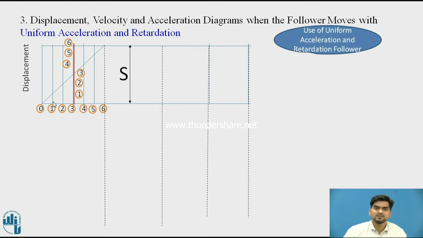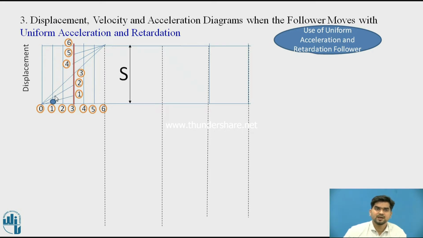Then in the next steps, from this 0 point, join the first point, then join the second point, and from this corner of the rising stroke, join the 4th point and the 5th point. Then we have to find the intersecting points: this first line intersects the first vertical projection at this junction.